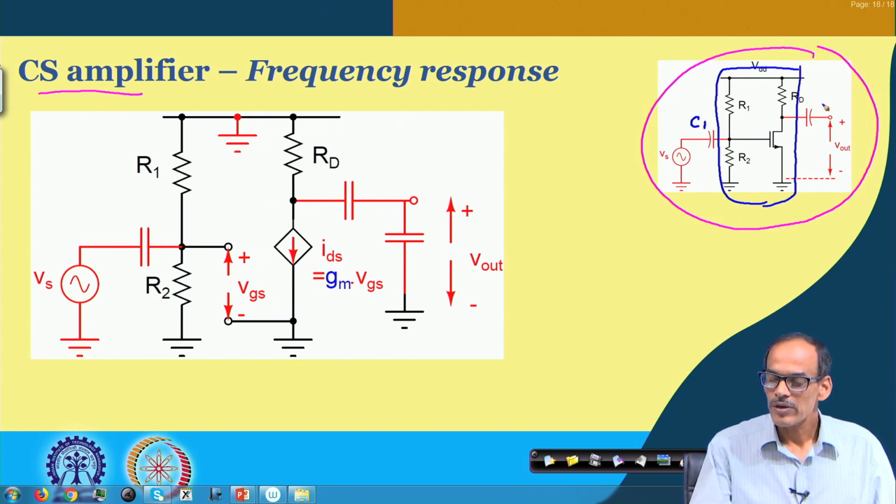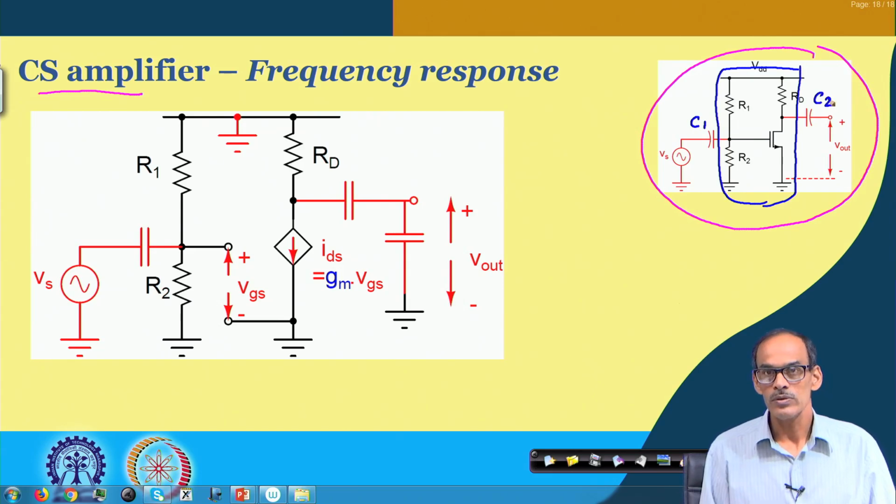At the output, we are observing the signal after removing the DC part through C2. In addition to that, it may have some capacitive load coming from the next subsequent circuit. So, let us call this CL.